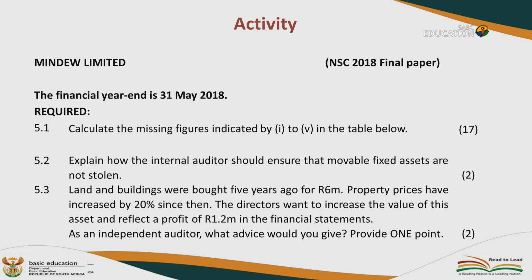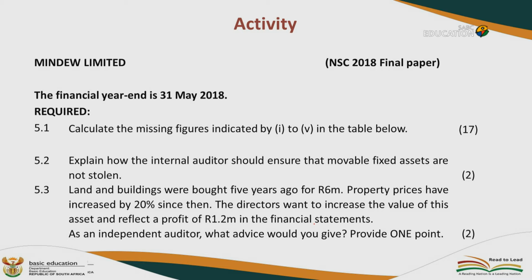So basically this question is saying that this land and buildings was bought for 6 million, and that is the amount that is recorded in our books, in our financial records. That has increased by 20%, by 1.2 million. It means now the current value of this asset is 7.2 million.